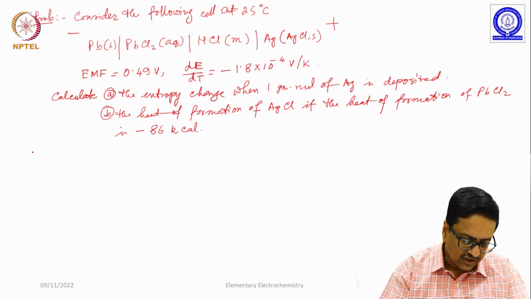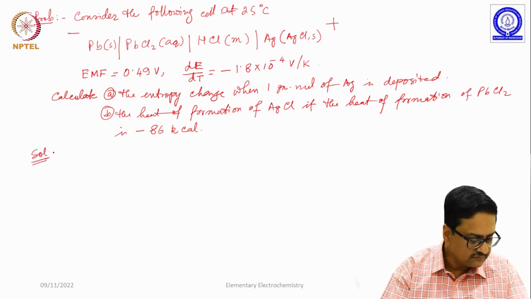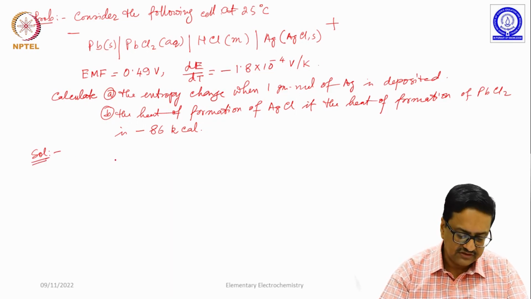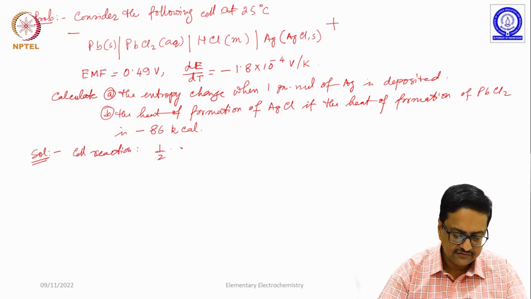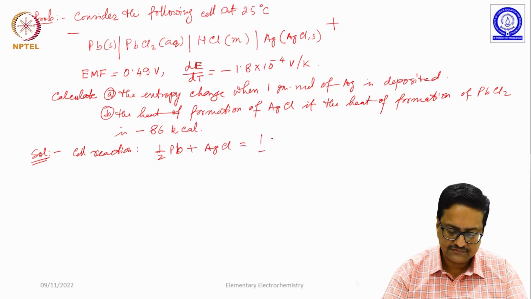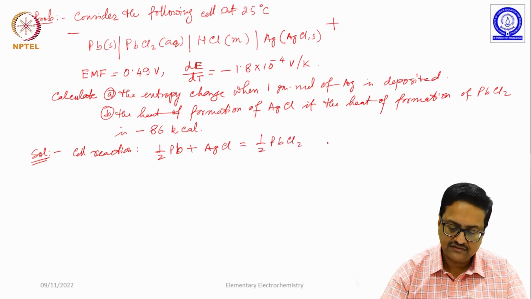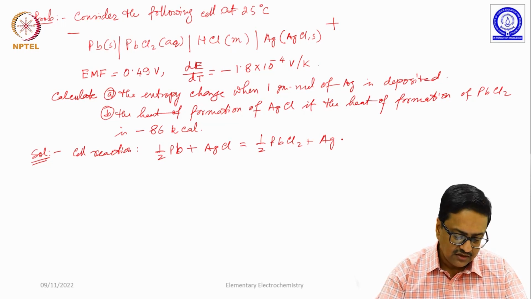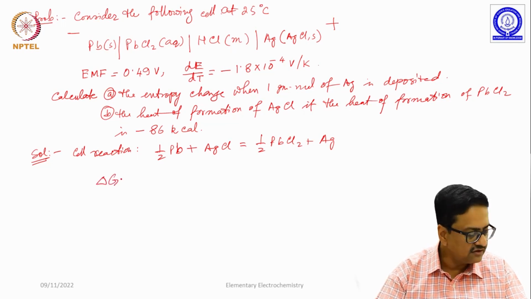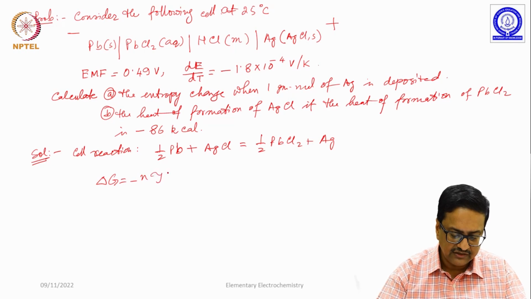So, how to solve this problem? First, we need to write down the cell reaction. Half Pb plus AgCl equals half PbCl2 plus Ag. One can also write Pb plus 2 AgCl giving you PbCl2 plus 2 Ag and so on. Now we know delta G is equal to minus nFE.